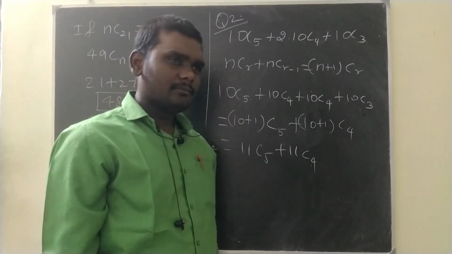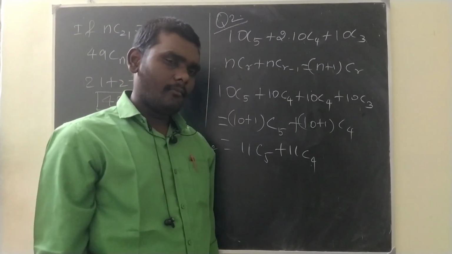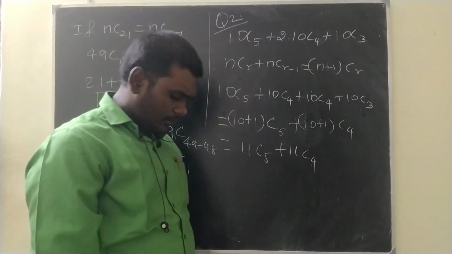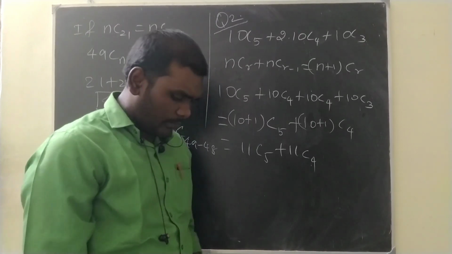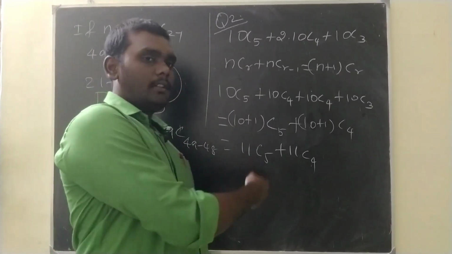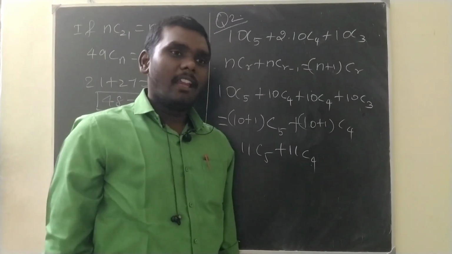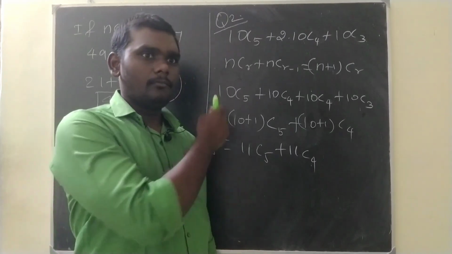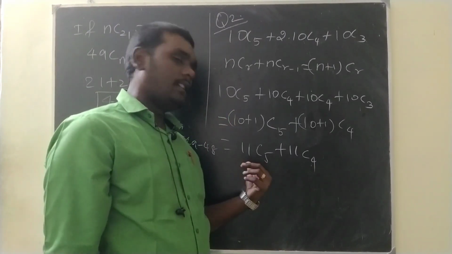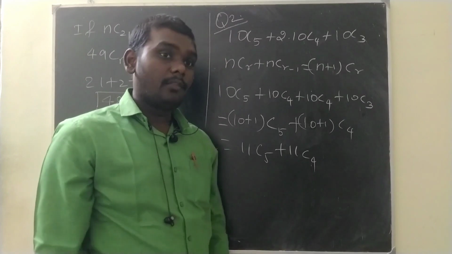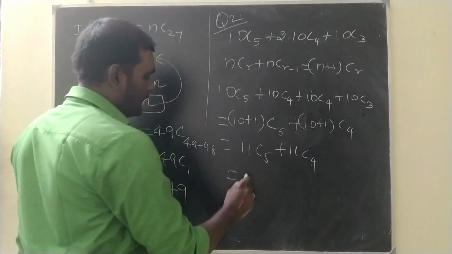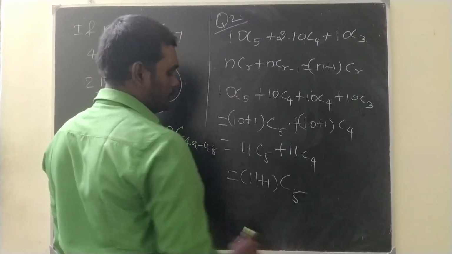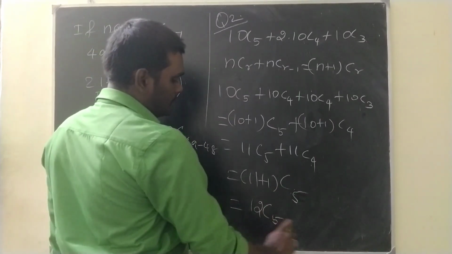Are we getting the answer? No. We need to find the value. So 11C5 plus 11C4, again shall we apply the formula? But this time n is 11, r is 5. So our answer is 11 plus 1 C 5, it is 12C5.